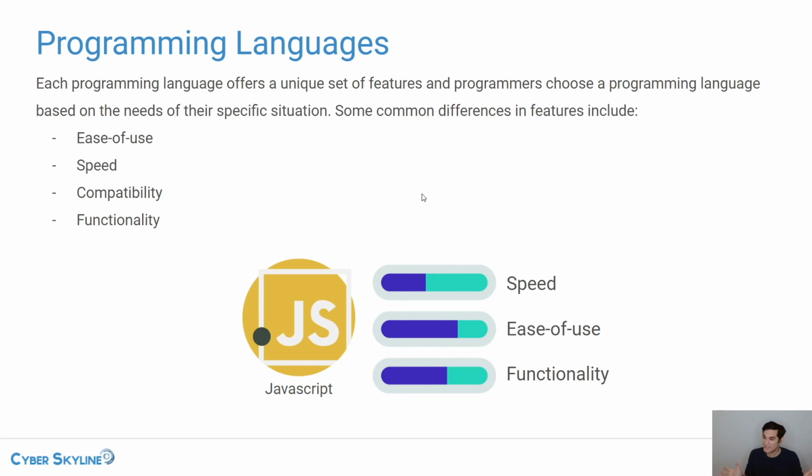Maybe if you played a racing game, like Mario Kart or something like that, you have the speed, you have the acceleration, you have the handling. Programming languages are the same way. Some programming languages are just better for different tasks. Some programming languages are faster, what have you. They're easier to use. They have better handling. But in today's example, we're going to be using JavaScript as our programming language of choice.